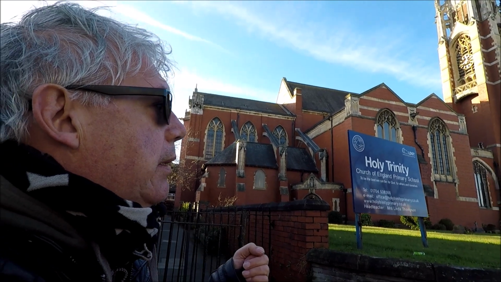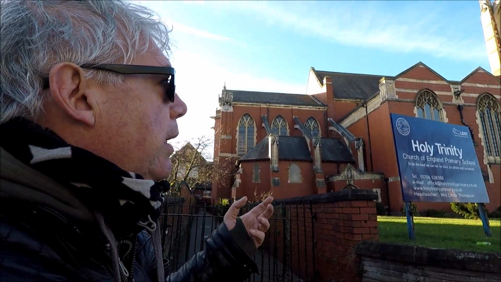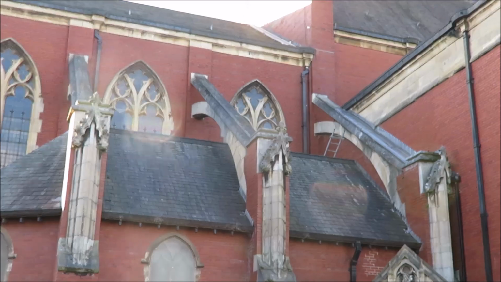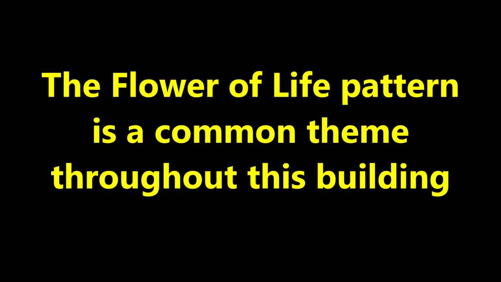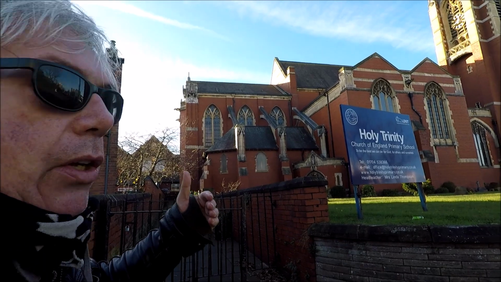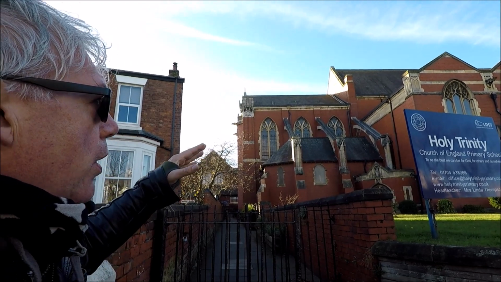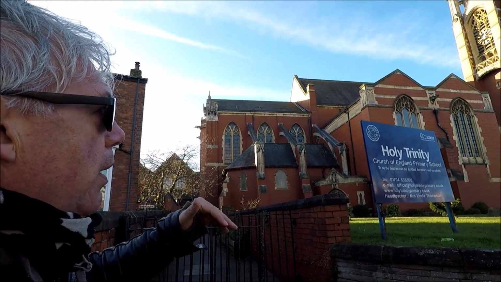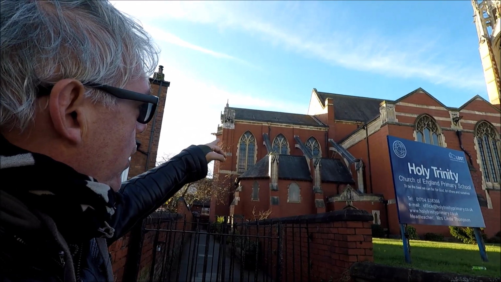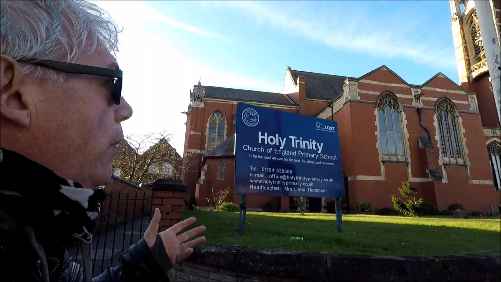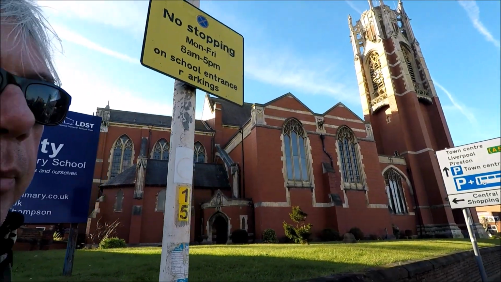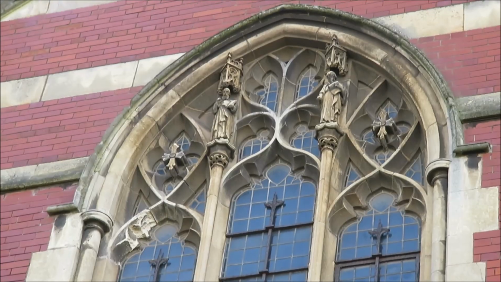I'm not very maths orientated, but I do recognize patterns and symbols and signs. The curving of the circle is very feminine, and it fits within an arch, which is a curvature as well. I can see the circles within circles, similar to the other churches, above all of these windows, and within the symbol just above the clock face itself.